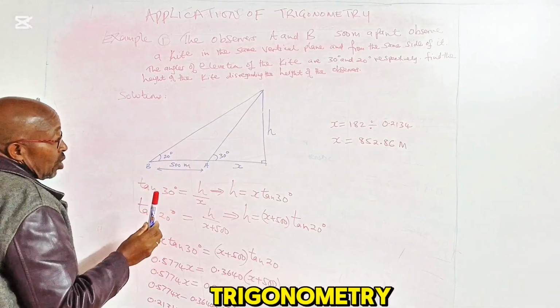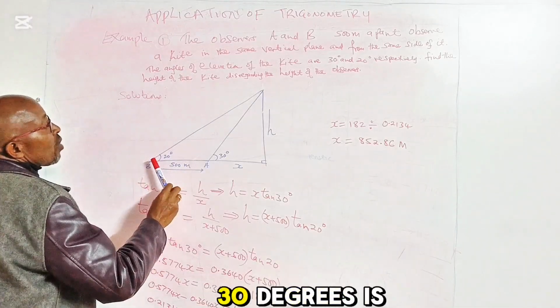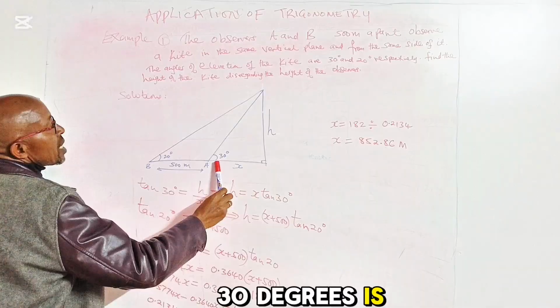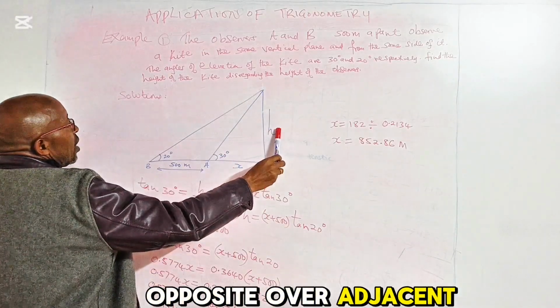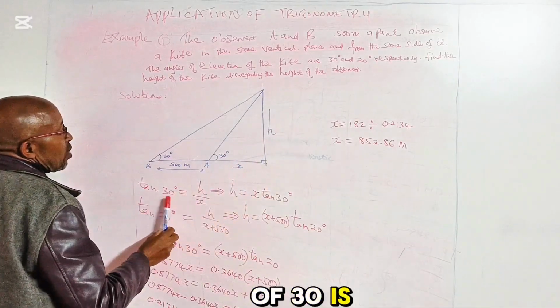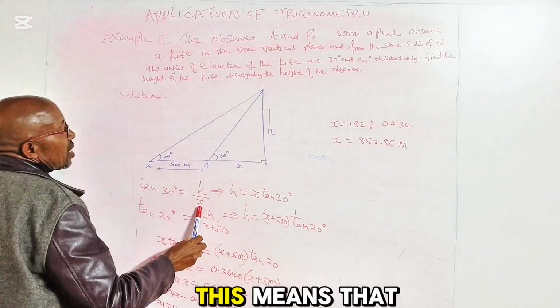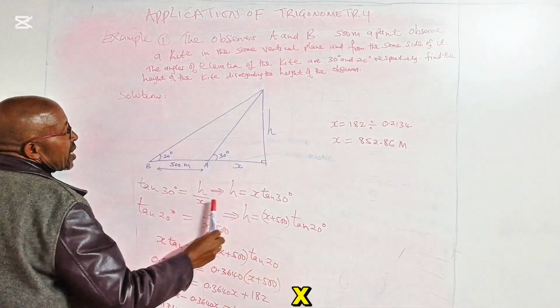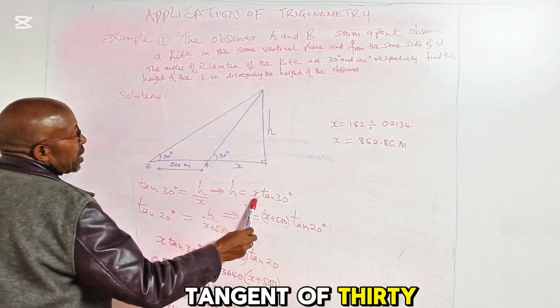Using trigonometry, the tangent of 30 degrees is opposite over adjacent. So the tan of 30 is height over x. This means that our height is x multiplied by the tangent of 30.